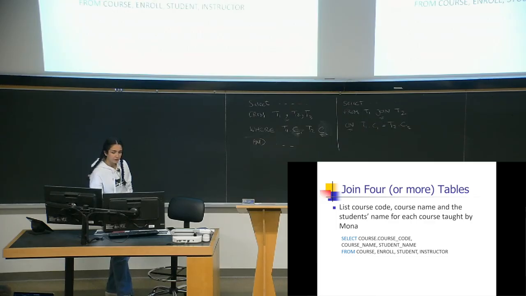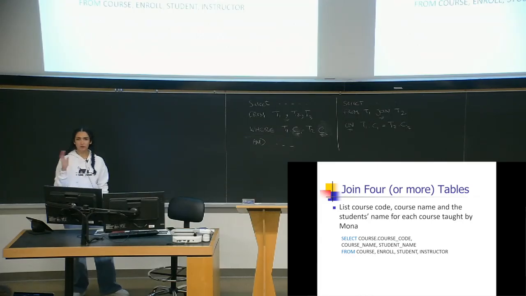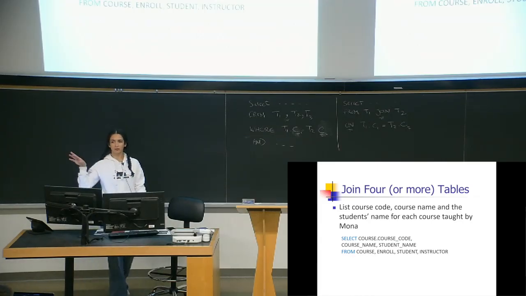For example, select course.course_code, right? Because here course code exists in more than one table. Course name is fine because course name is only in the course table. Student name, again, fine. And you don't need to worry about that. When you write it in SQL, you will see that curly red line, and this is a hint that you have to specify the table, right? So we practice this.